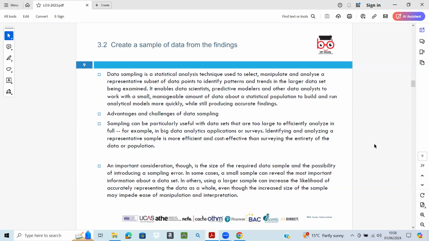Okay, so for example, if we have to create a sample of data, an example could be in the context of the telehealth study again. So we need to define the population: all patients who use telehealth services during the past year.